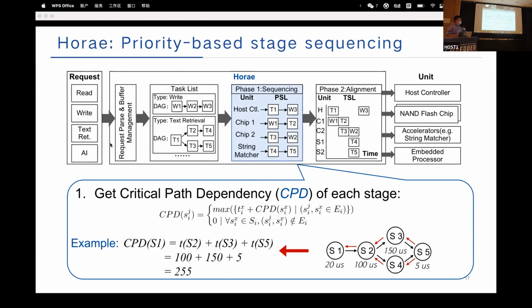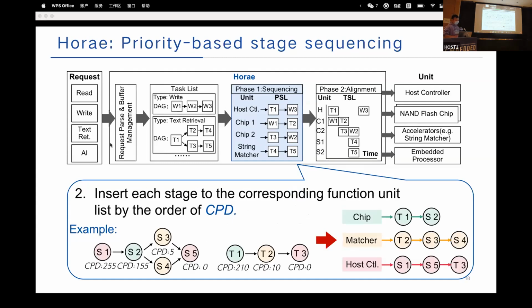The CPD value means how long the later stages will take after this stage finishes. So the larger the CPD is, the more critical the stage. Next, Horae will insert each stage into the corresponding function unit stage list in decreasing order of CPD.